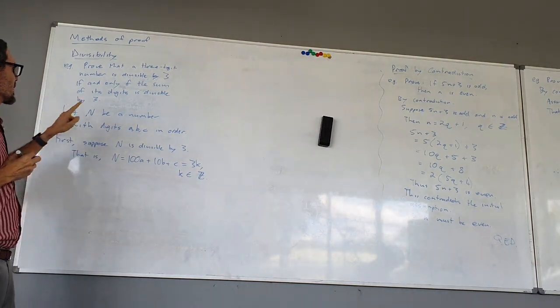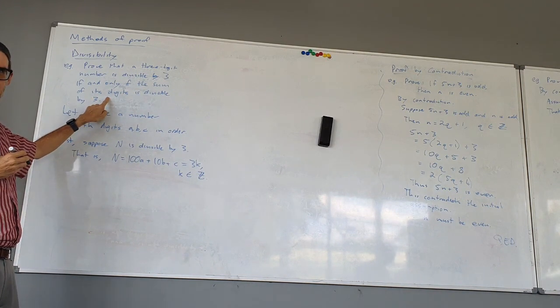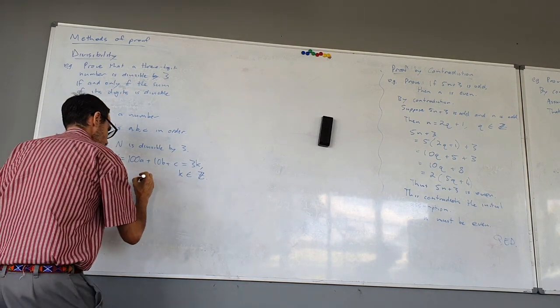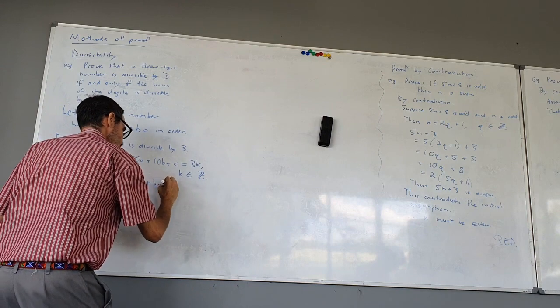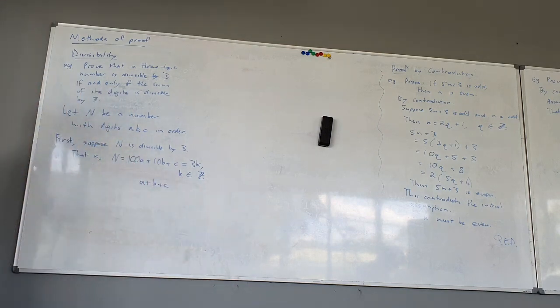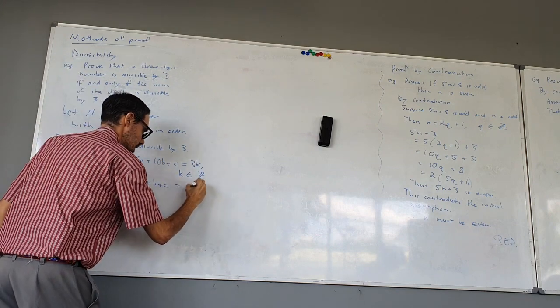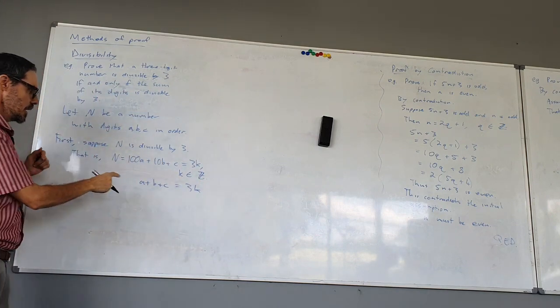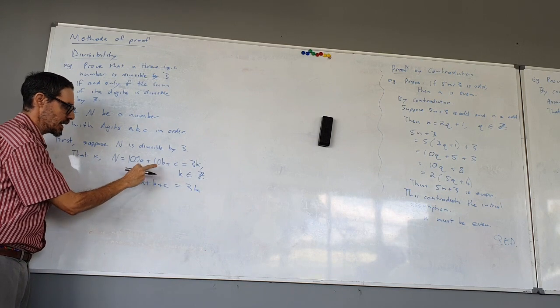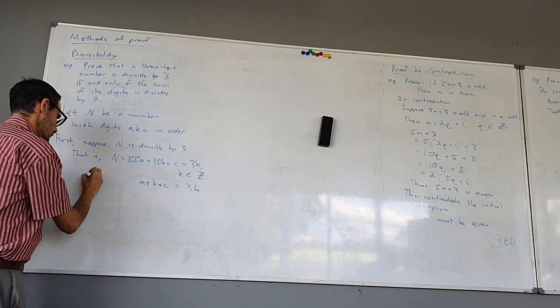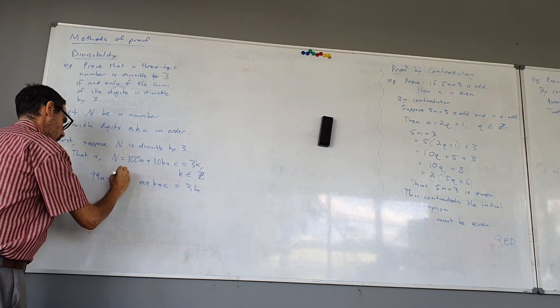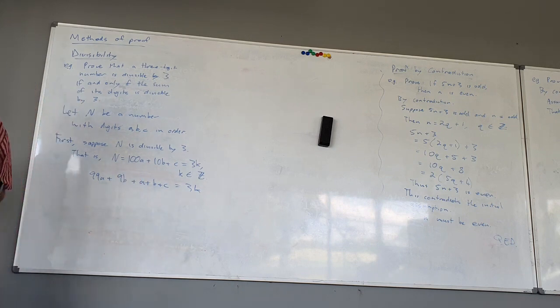I want to know about the sum of its digits, so I want to get something that goes a plus b plus c. If I've got 3k on this side, I don't want to change it yet. I've taken out an a and a b from here. I'm left with 99a and 9b, plus a plus b plus c.